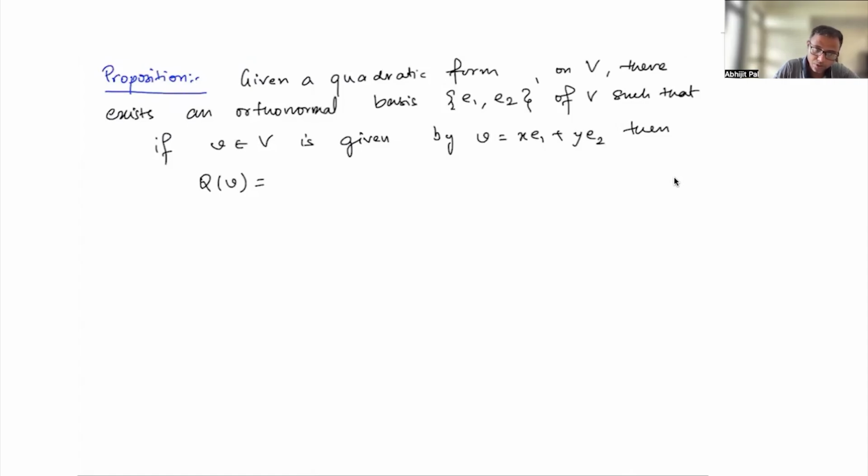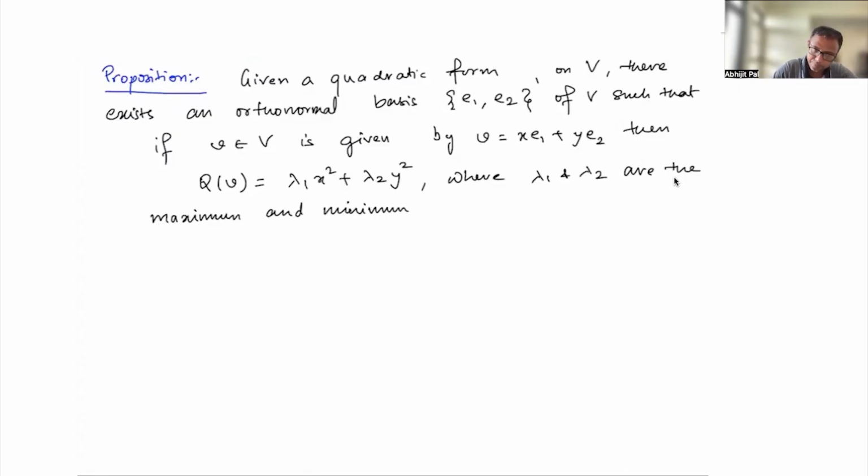Q(v) is equal to lambda 1 x squared plus lambda 2 y squared, where lambda 1 and lambda 2 are the maximum and minimum of Q on the unit circle, w belongs to V such that norm of w is equal to 1.